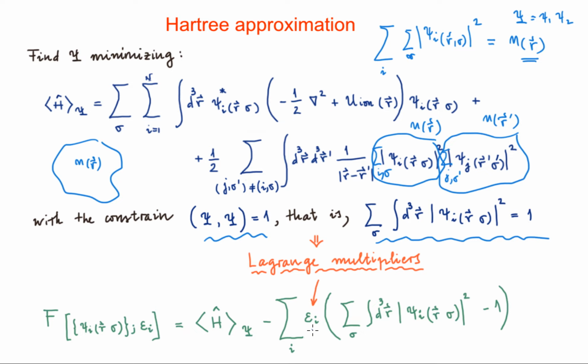So that's the wave function that we are going to minimize, and the minimization is going to be with respect to the Lagrange multipliers, and doing the minimization with respect to the Lagrange multipliers, we get this expression to be 0, which means that this equation here is going to be satisfied. Besides that, an important thing, we are going to do the minimization with respect to these wave functions, which appear here and also here.